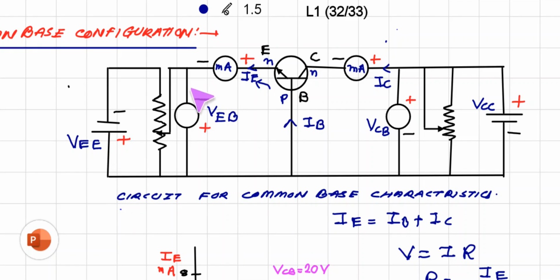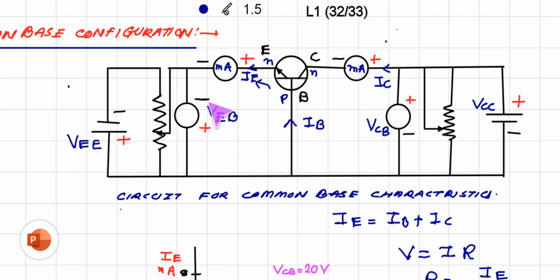The voltage applied across emitter and base is VEB, or you can say VBE, because B is connected to positive polarity as per our convention. Here it is simply acting as a diode. For silicon the knee voltage is 0.7 volt and for germanium the knee voltage is 0.3 volt.